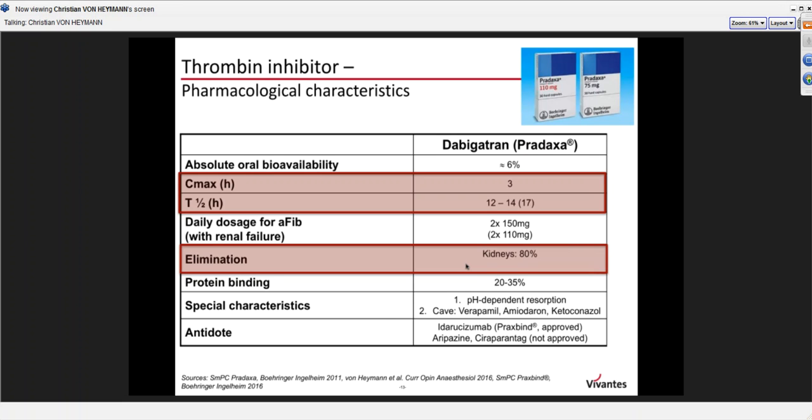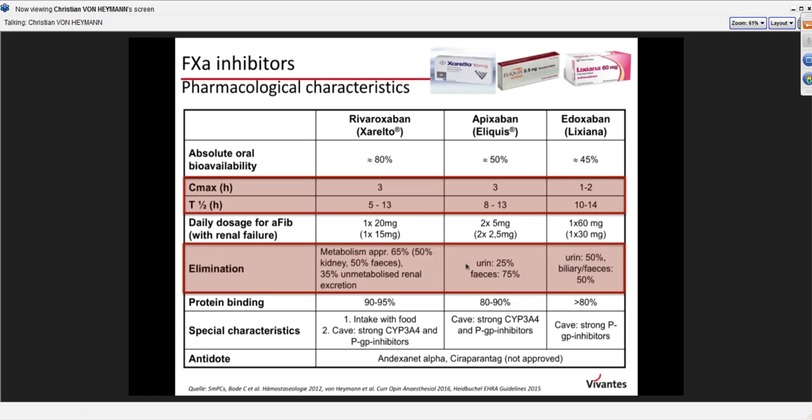So what is the basic pharmacology for the factor Xa inhibitors? And in comparison, the peak levels are reached very fast as well. Between 1 and 3 hours, all of the NOACs have their peak levels, so they act very fast compared to vitamin K antagonists.